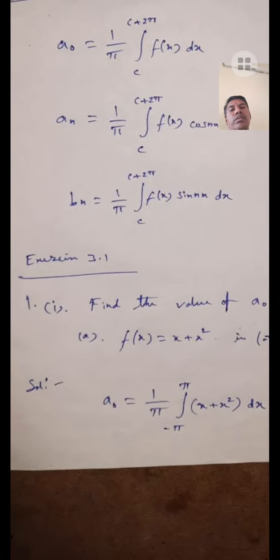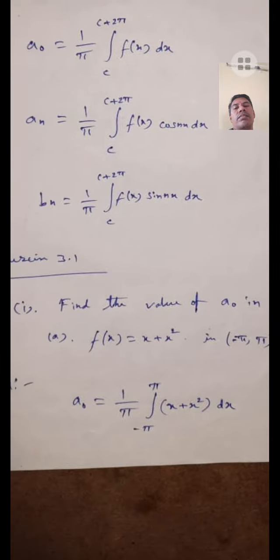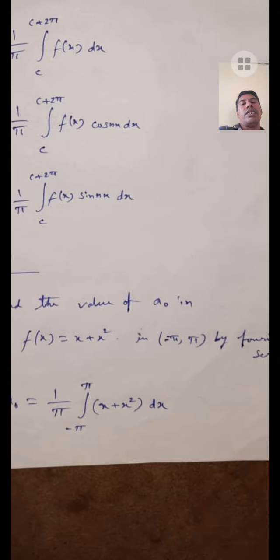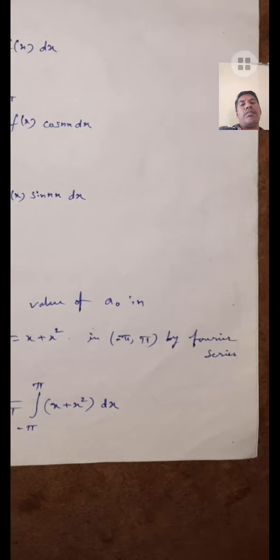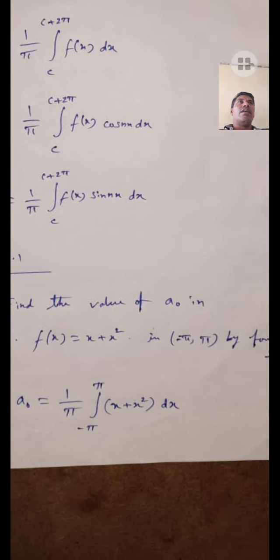Exercise 3.1. Find the value of a naught in f of x equals x plus x square in minus pi to pi by Fourier series. A naught equals 1 by pi integral minus pi to pi x plus x square dx.